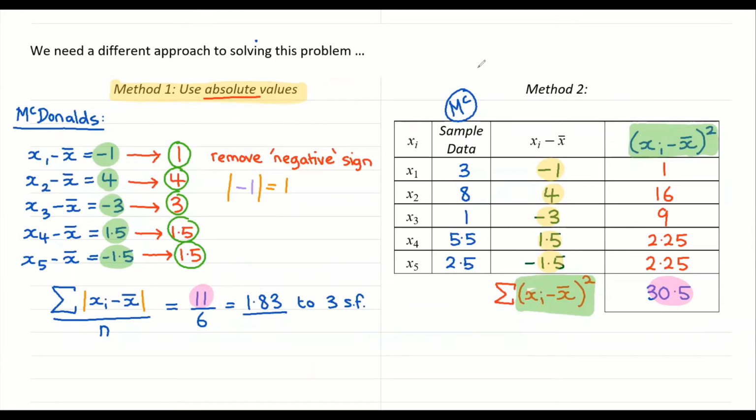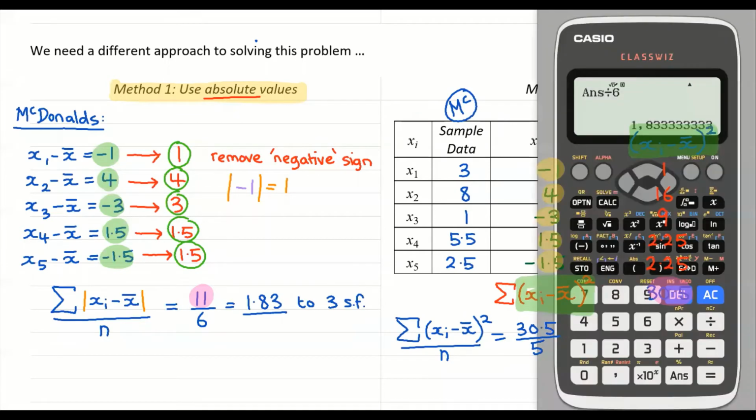Let's just do it and see what happens. If I take the sum of all the xi subtract x bars that are squared and divide all that by the number of data points, I'm going to be doing 30.5 divided by 5. So for this, let's get the calculator out.